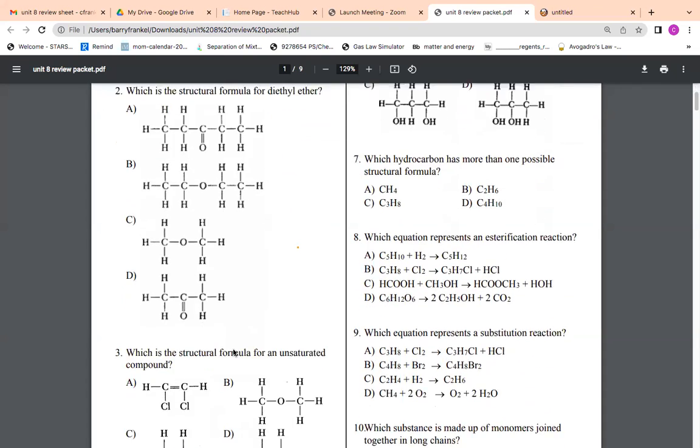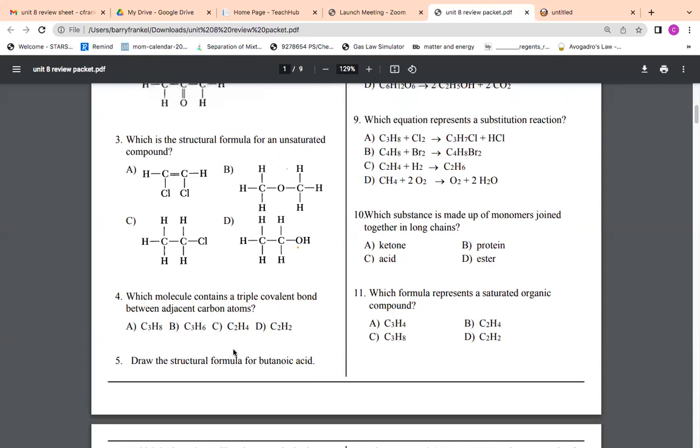Let's move down. Number 3, which is the structural formula for an unsaturated compound? Just be careful when you get these sorts of questions and be very mindful of the language they're using, because a lot of times they say unsaturated hydrocarbon, but here they're just saying compound. So you can go with something that doesn't necessarily have only hydrogen and carbon.